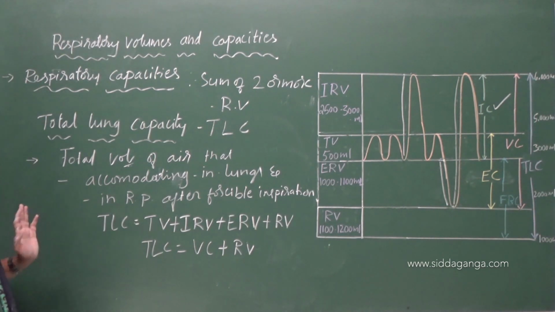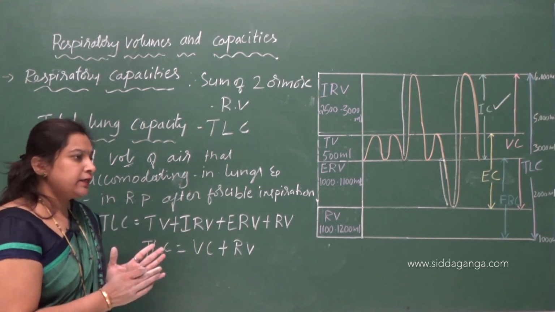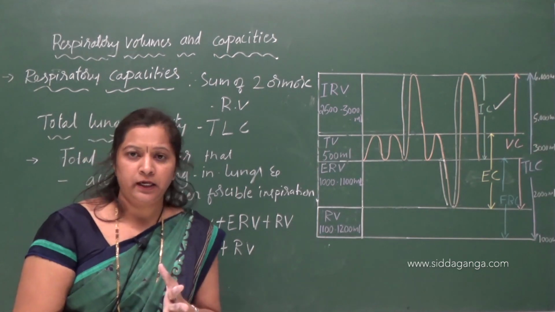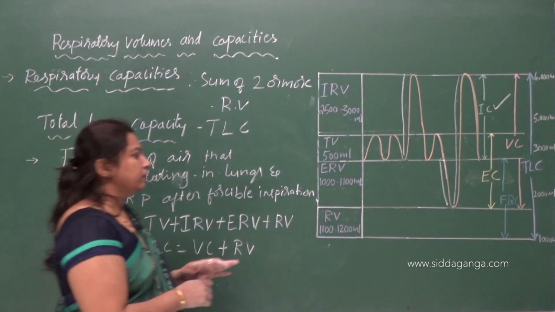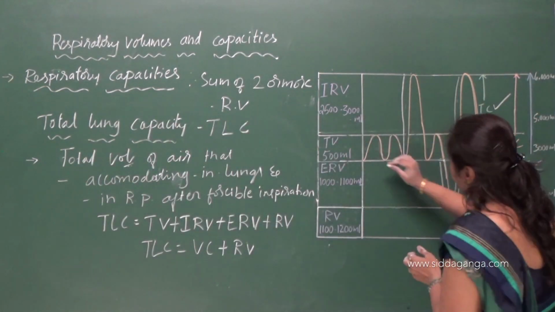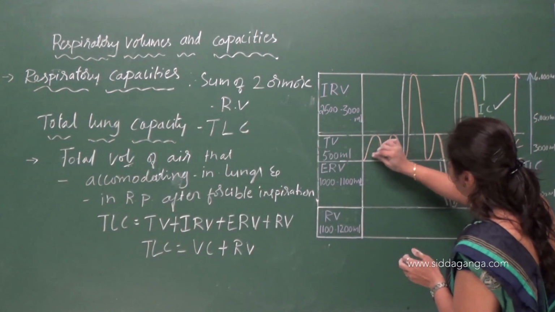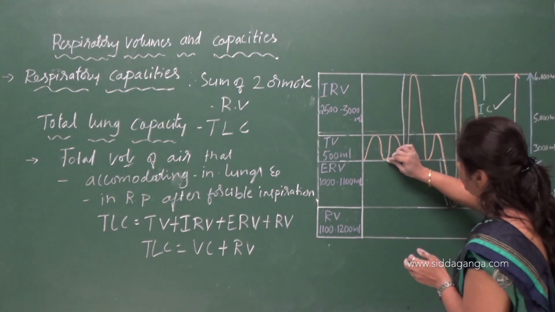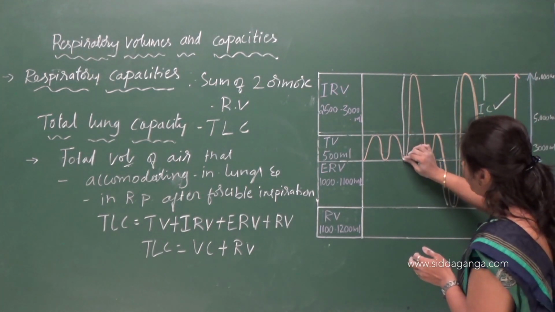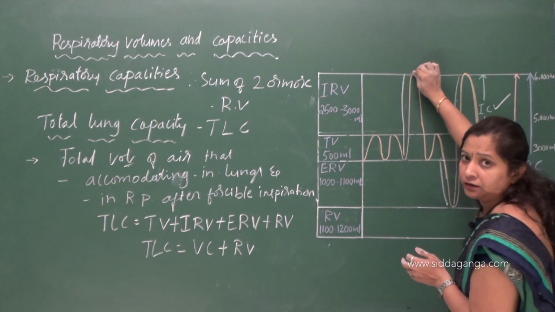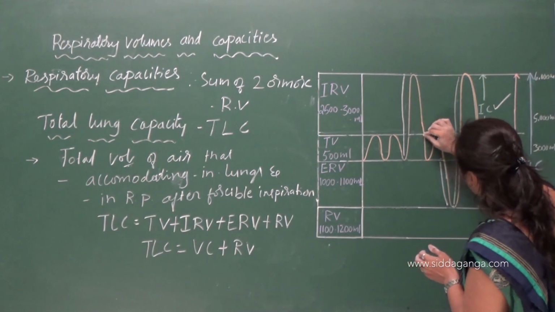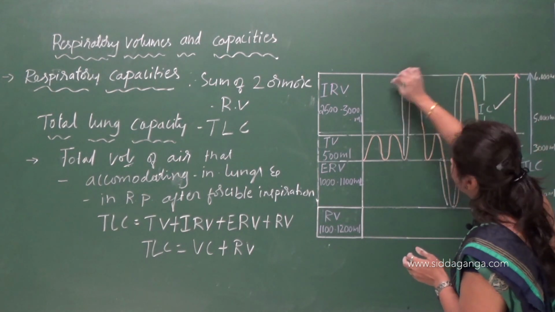Understood? So these are the respiratory volumes and the respiratory capacities. Okay, understood clearly? So here in this graph, see, this is normal inspiration and normal expiration. Normal inspiration, normal expiration. Normal inspiration and forced inspiration, which is IRV.